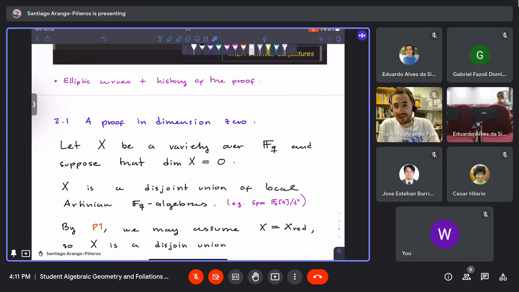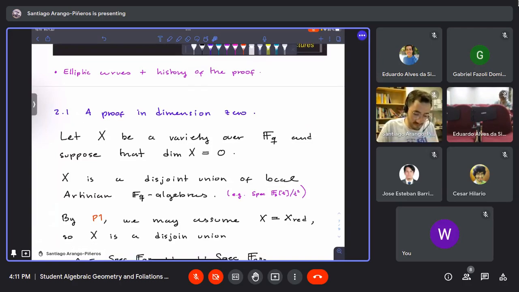I think Eduardo talked about this theorem a couple weeks ago. Then using those two bazookas, you can show that, first of all, your variety has to be affine, and its dimension 0 has to have finitely many points.